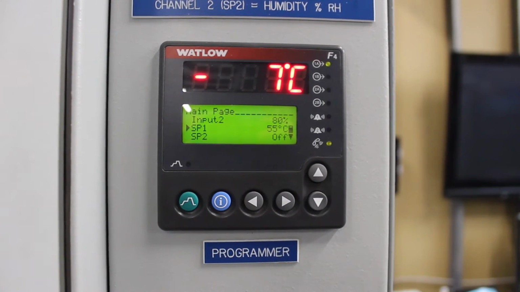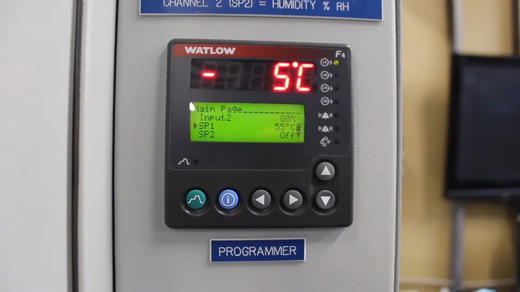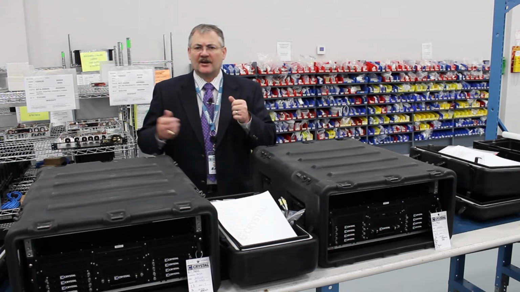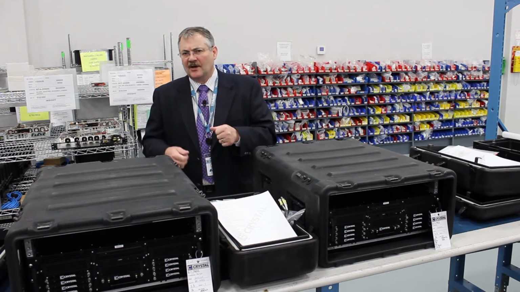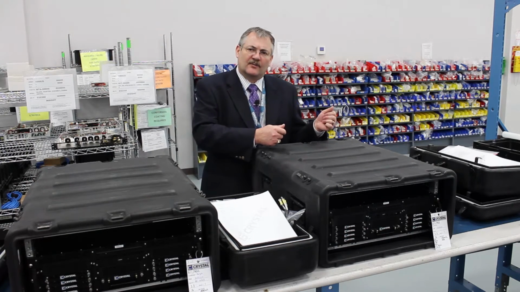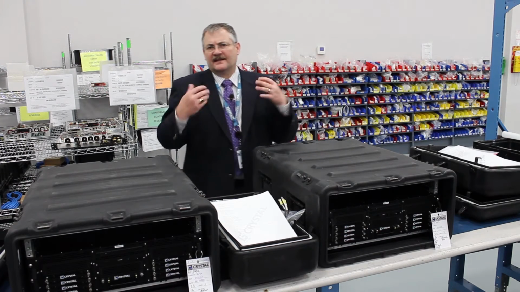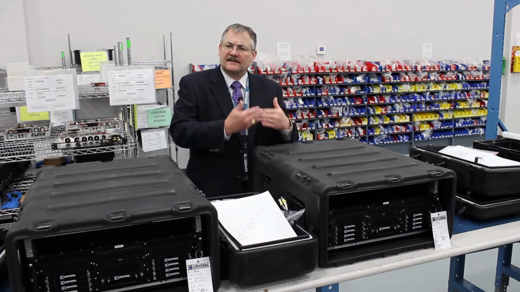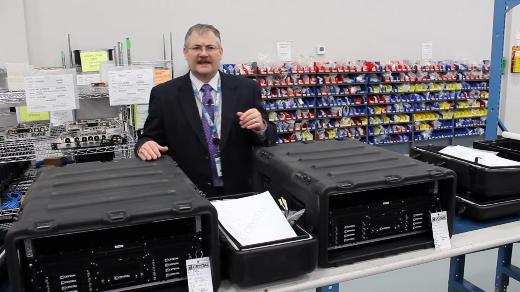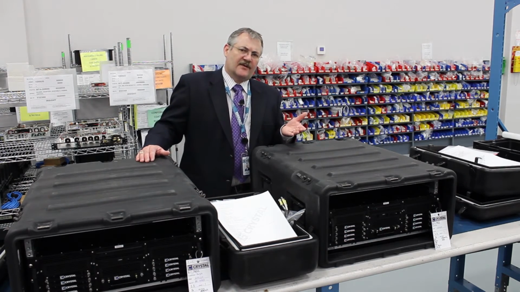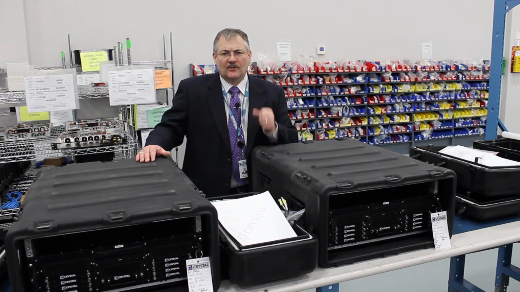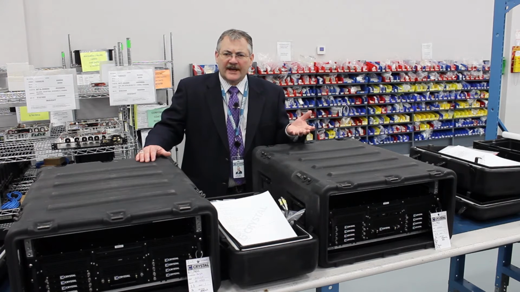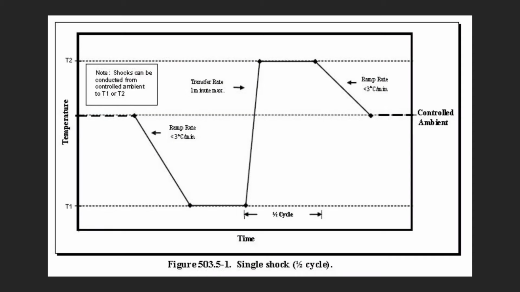So this testing for us is really about being able to take the unit out of one thermal chamber that's maybe down very low and put it into another thermal chamber that's very hot, and then basically go through that cycle of testing. The test is centered around essentially 4 different procedures, 1A through 1D. 1A is essentially a half cycle, so you just go, say, from cold to hot.